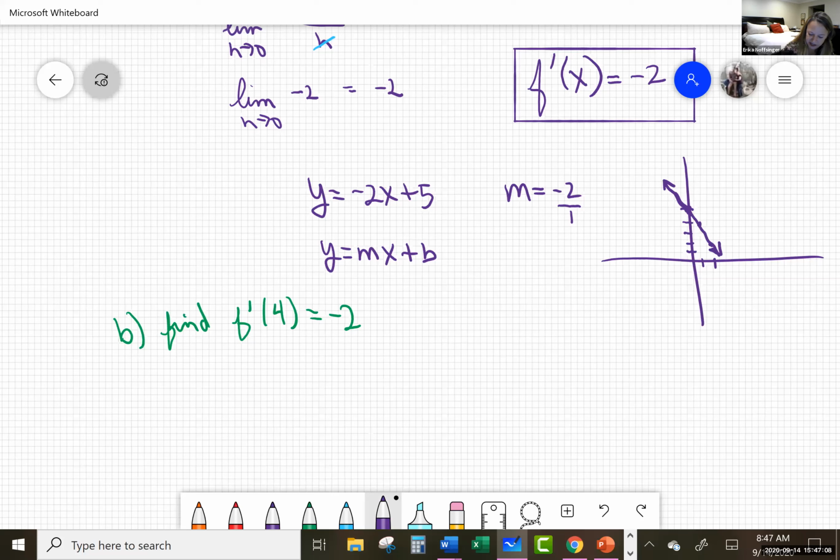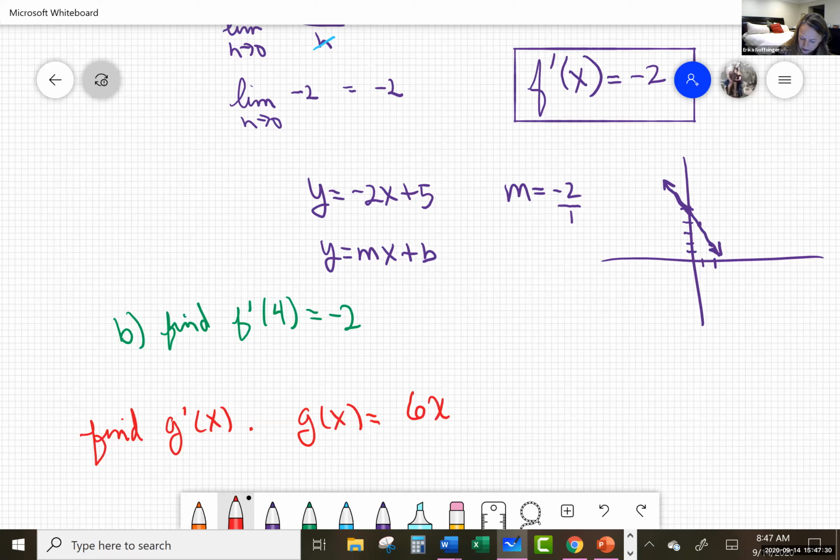Let's say they changed it, and instead let's find g prime of x. And let's say g of x is given to us to be 6x squared minus 5x minus 1.